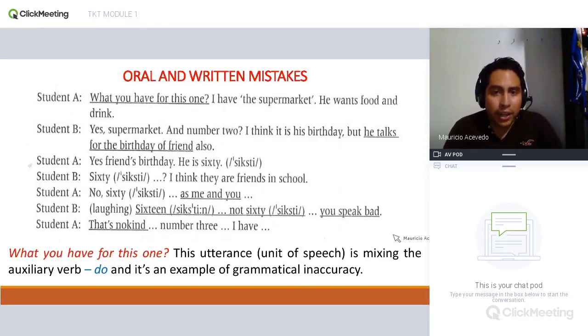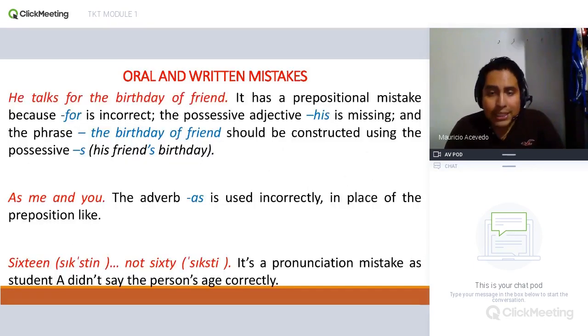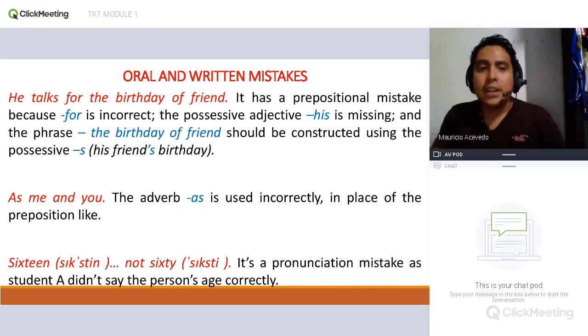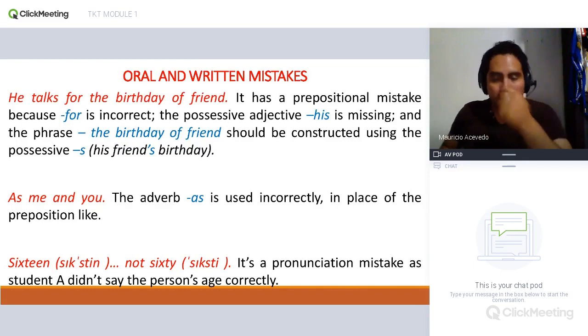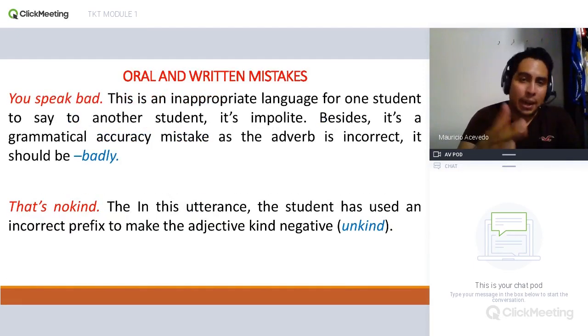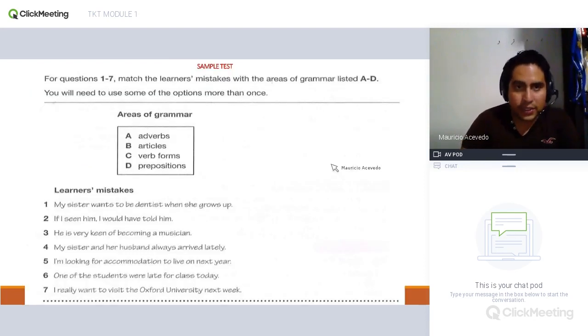We check them here. For example, this is a grammatical problem. Prepositional, we didn't check that in the category, but now you know that there are prepositional mistakes. We also have pronunciation mistakes. We have the inappropriate, which is the register, and the accuracy at the same time. And in this case, the lexis, because it's not "no kind," it's "unkind."